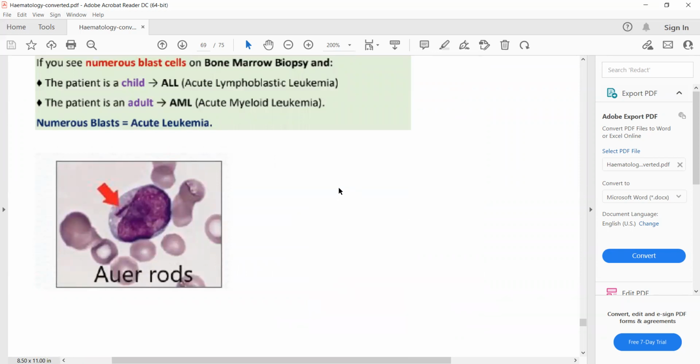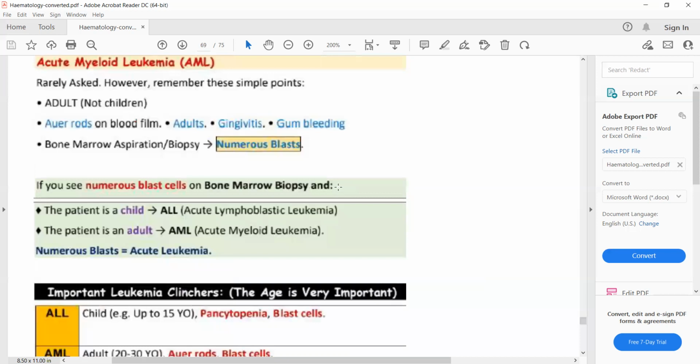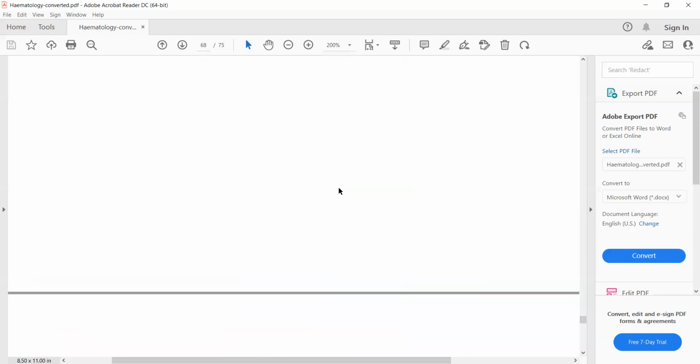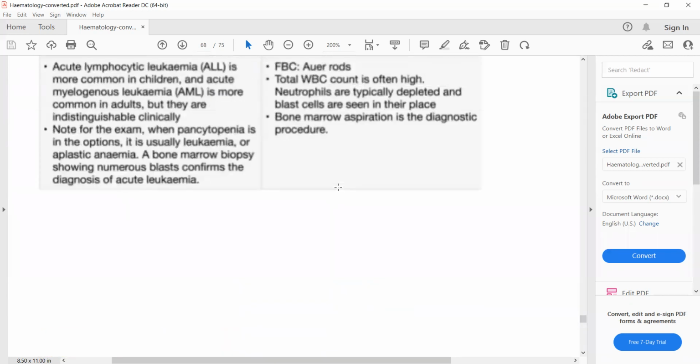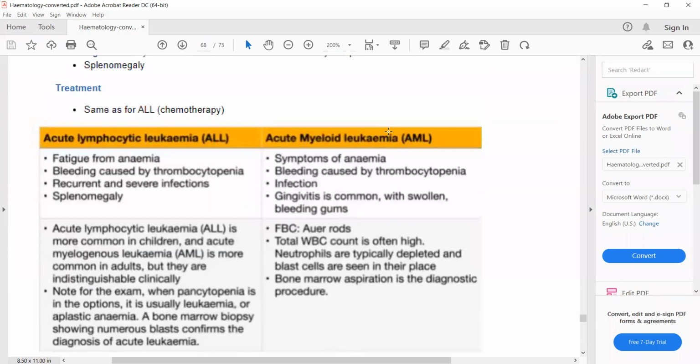If features of pancytopenia and age are given, and they mention that there are Auer rods visible on a peripheral blood film or bone marrow biopsy, or they mention that they are myeloblasts, then your diagnosis will be AML, no matter whatever the age of the patient is.